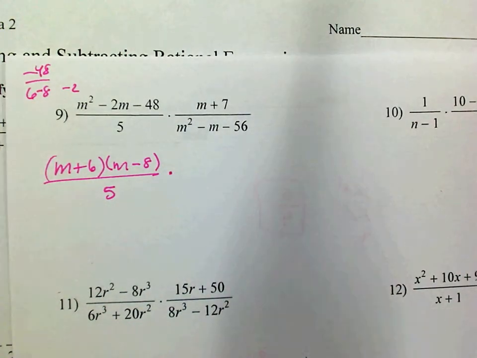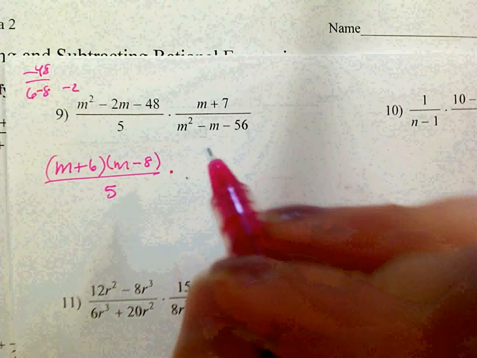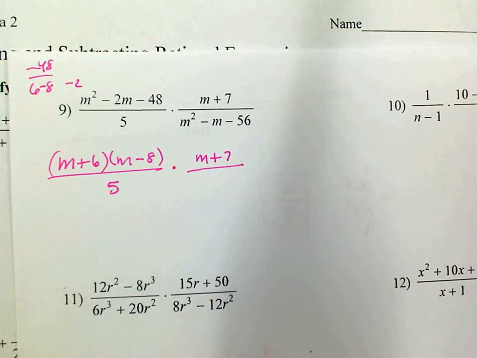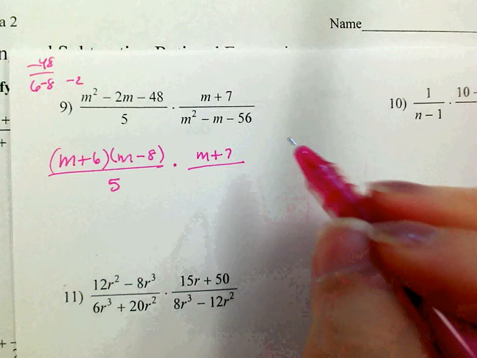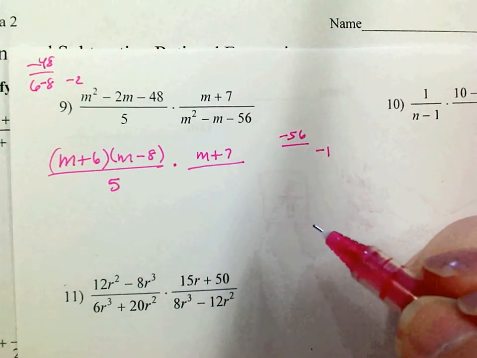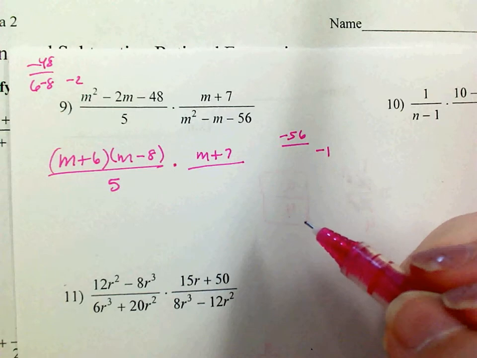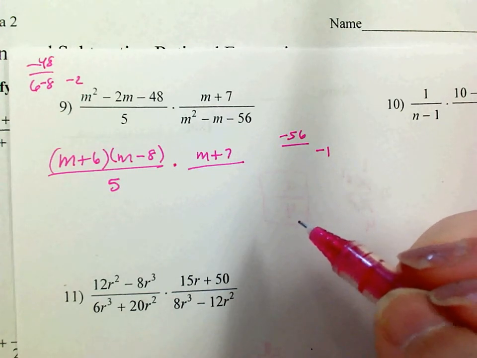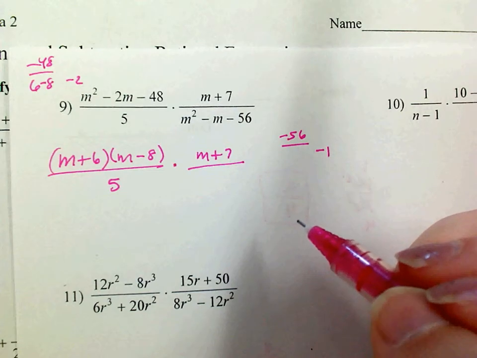Okay, I can't factor the m plus 7, so I'm going to leave that alone. But then I've got m squared minus m minus 56. So I'm trying to think of the factors of that add up to negative 1. I think it's 7 and 8. Yeah.